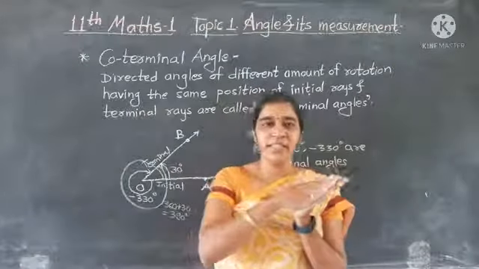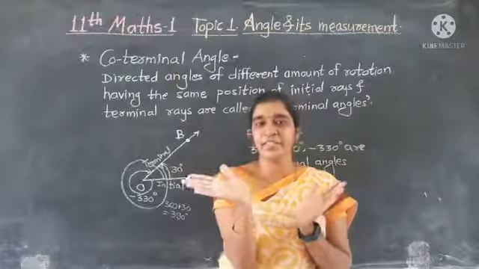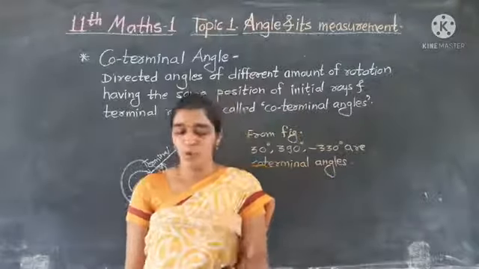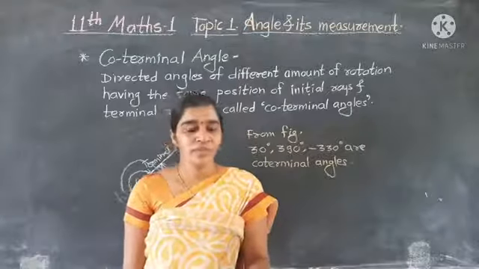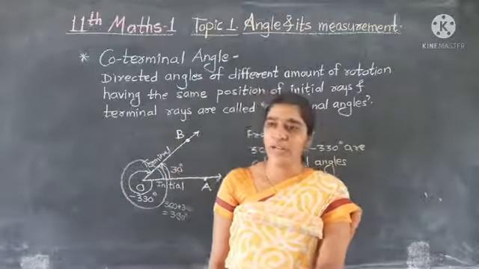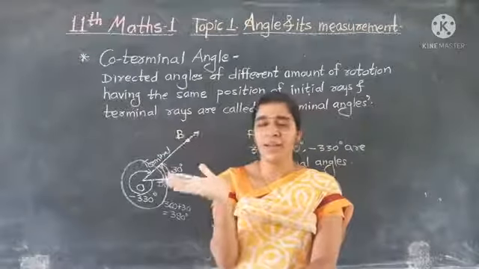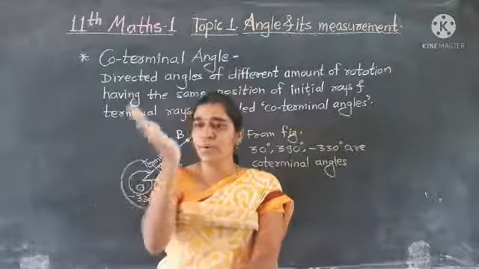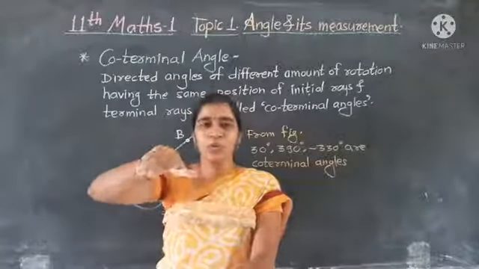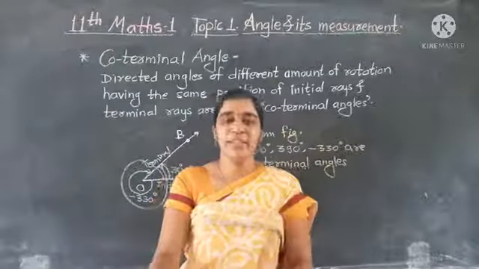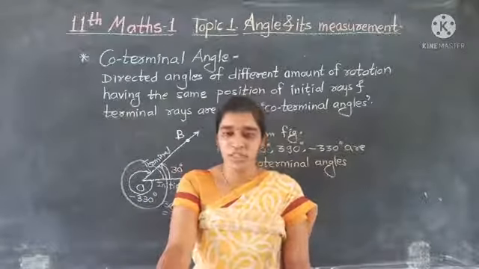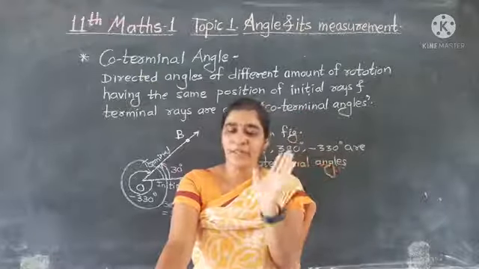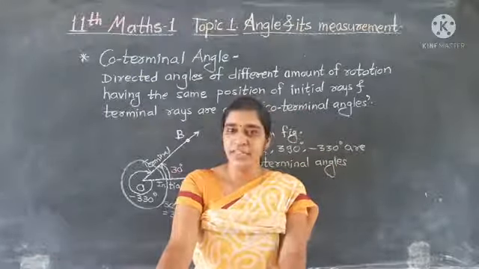If the angle is in clockwise direction, then we take it as negative, and if it is anti-clockwise direction, then we take it as a positive angle. Then we saw zero angle. If the initial arm and final arm are on the same line, then it is a zero angle. One rotation: the initial arm takes the position up to the final arm, then we take this as one rotation. Straight angle, measure is 180 degrees, and we saw the right angle.